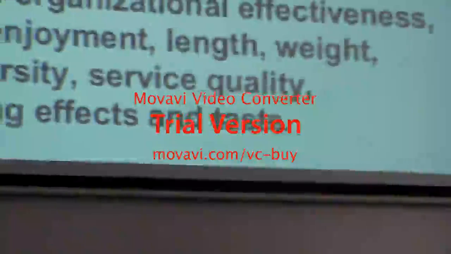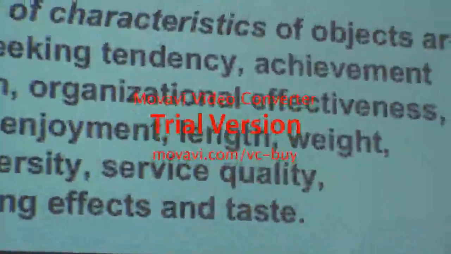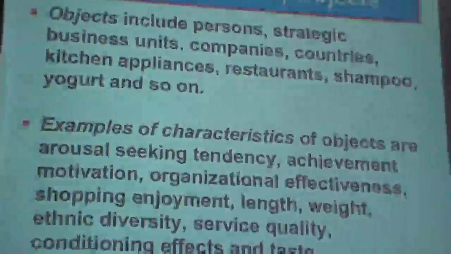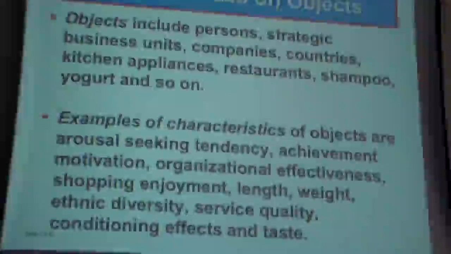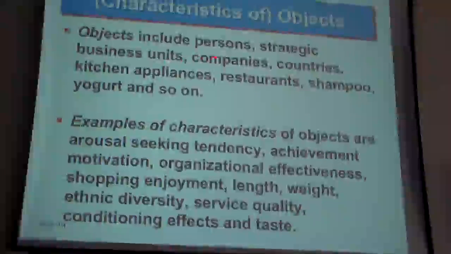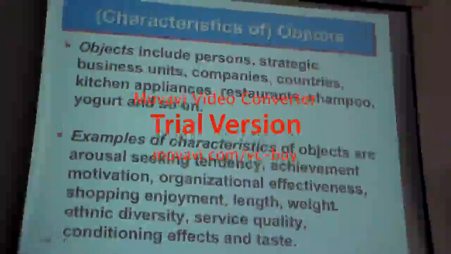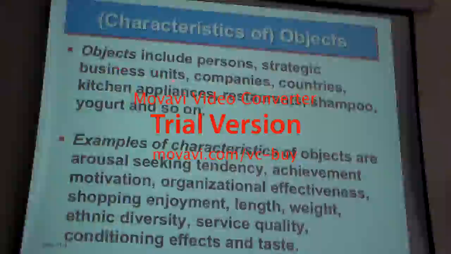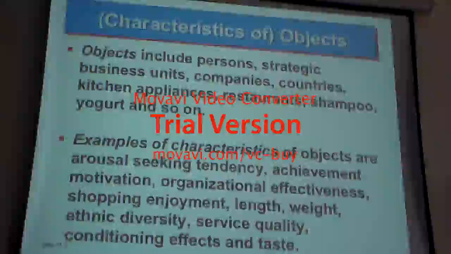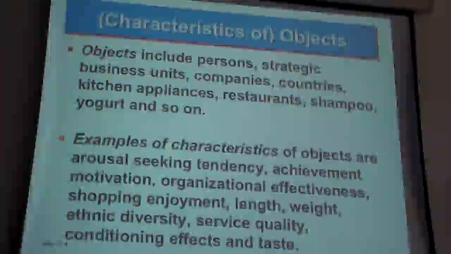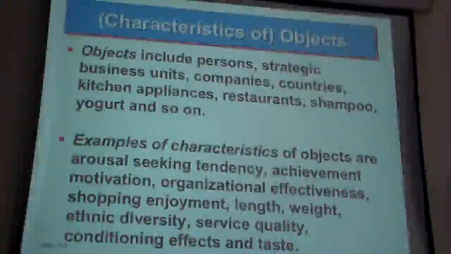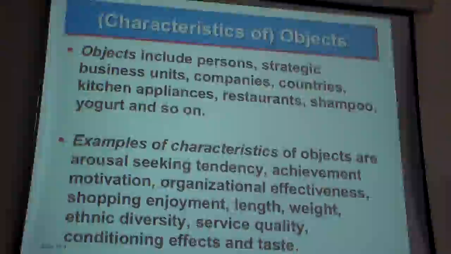So what are these characteristics? What do we mean by the characteristics of objects? Objects include what kind of objects? Here we have some examples. Objects may be persons, meaning people, strategic business units. If you have a company, the units of the company, for example, this is human resources, this is financial, this is sales.